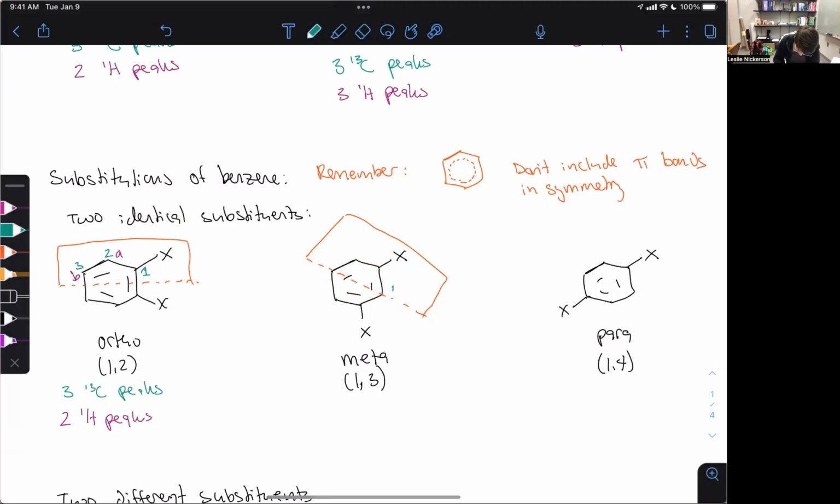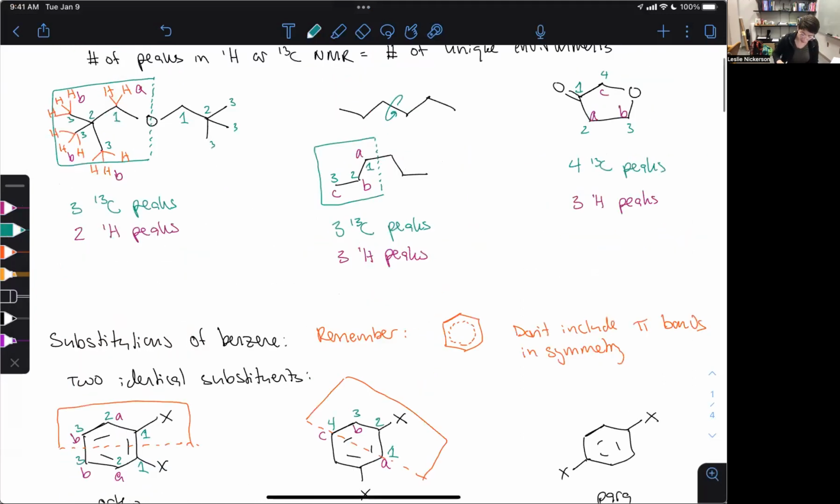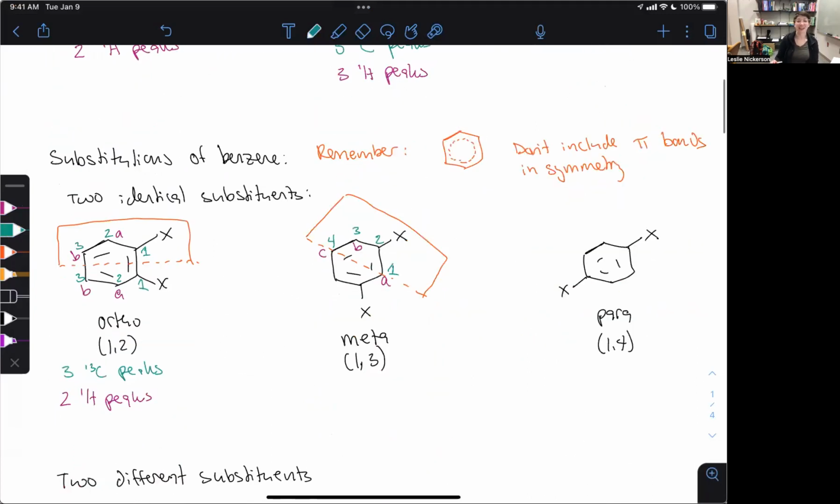So our first carbon, we're going to count it over here. 2, 3, 4. And then our protons are going to be A, B, and C. Okay, and sorry, I'll make sure that I fill in the ones up there too so that you can see it.